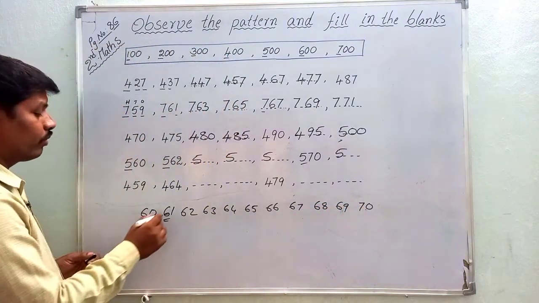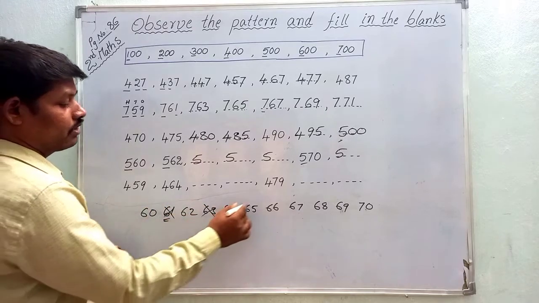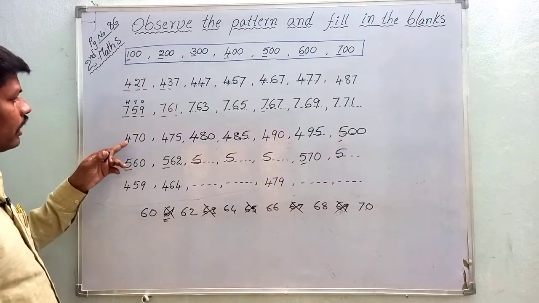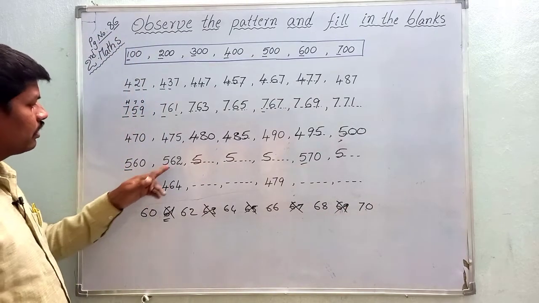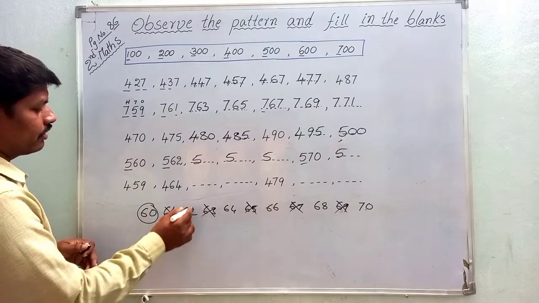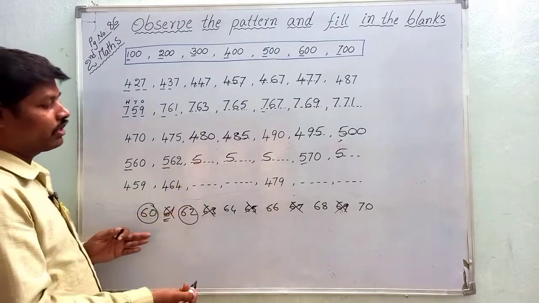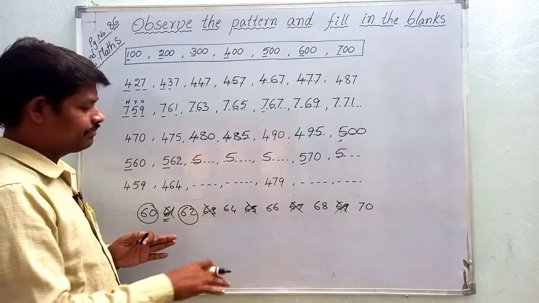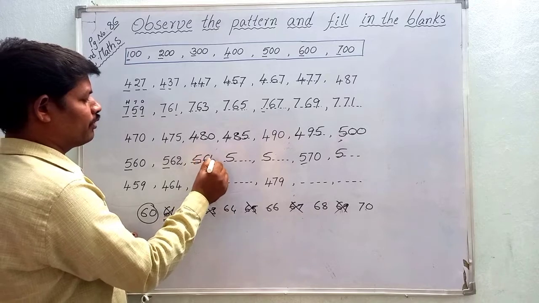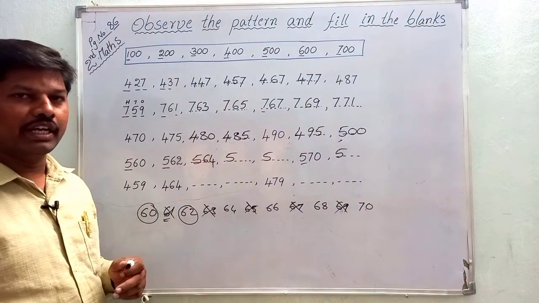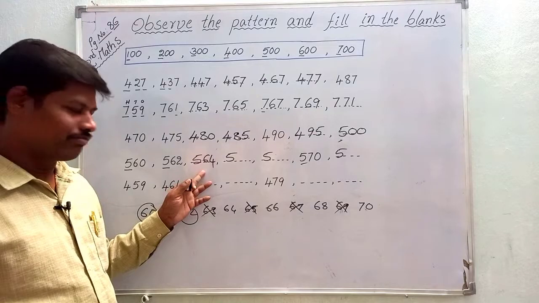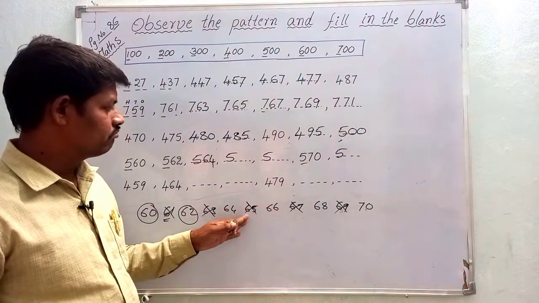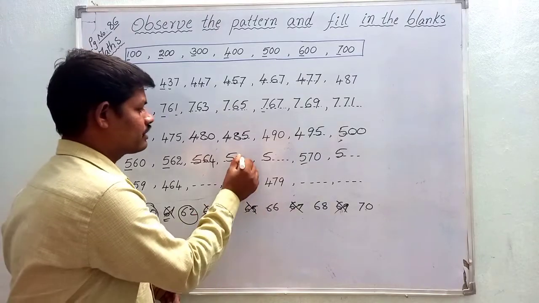One number you have to miss. Already we have 60 and 62. This is taken, this is also taken. What is the next number you have to take? After 62, 63 is cancelled. 64. Write 64. 564. Next, 65 leave. Next you have to write 66.